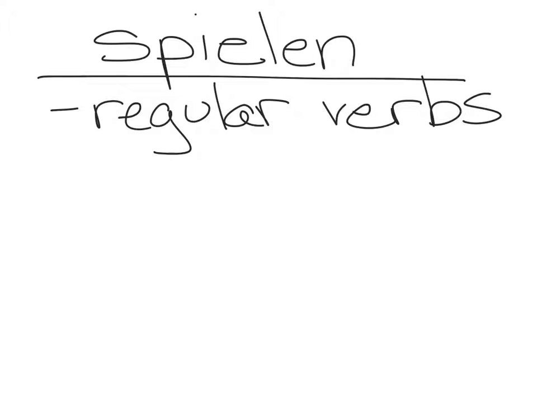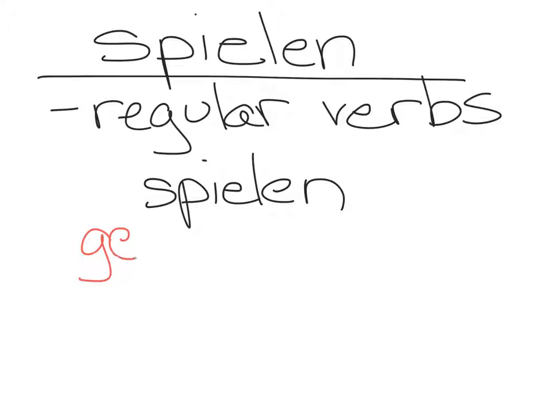So you take the original verb, and we're going to work on creating our GE word. Take your verb. You're going to put a GE at the beginning. And you're going to get rid of that EN and put a T there. And the rest in the middle stays the same.